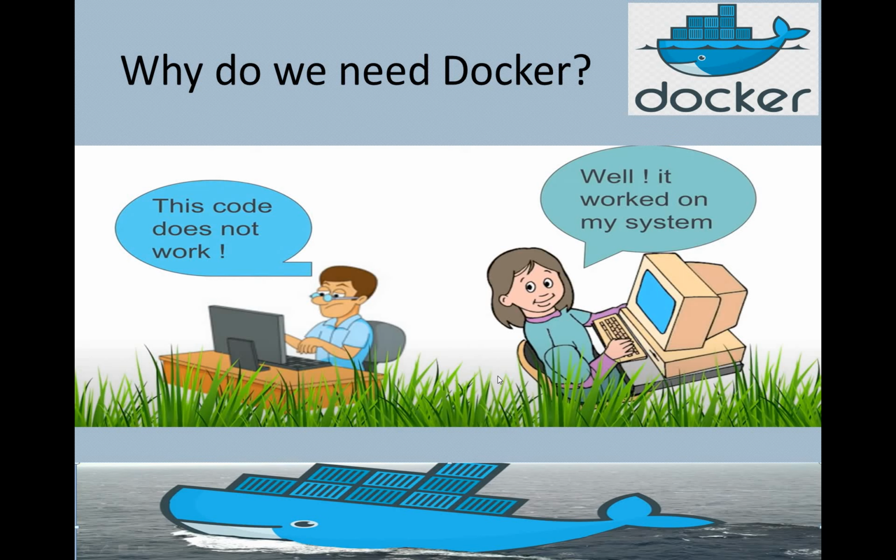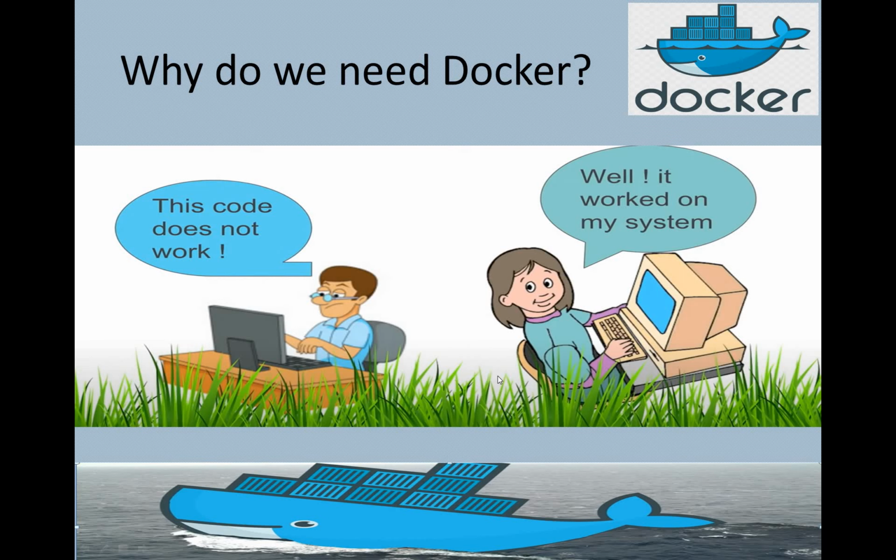One is, let's suppose you are developing some application on your machine for the last 6 months and you install lots of dependencies, some setups related to that software, and it is absolutely working on your machine. But when new members are joining your team, then let's suppose we need to deploy that same setup, same application on hundreds of new systems, then it starts breaking and it doesn't work as per expectations.